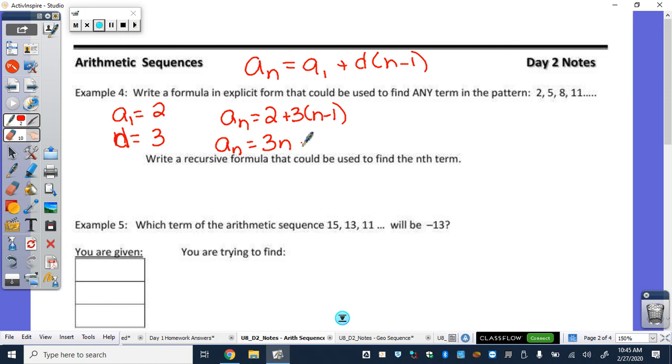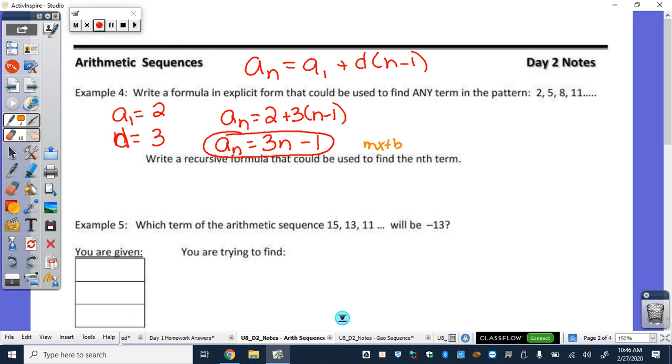I got a 3n minus 1. And as we talked about last time, what kind of a formula does that look like? It looks like a linear. That's mimicking our mx plus b, because your arithmetic sequences will always mimic a linear function. So they have a lot of the same properties.